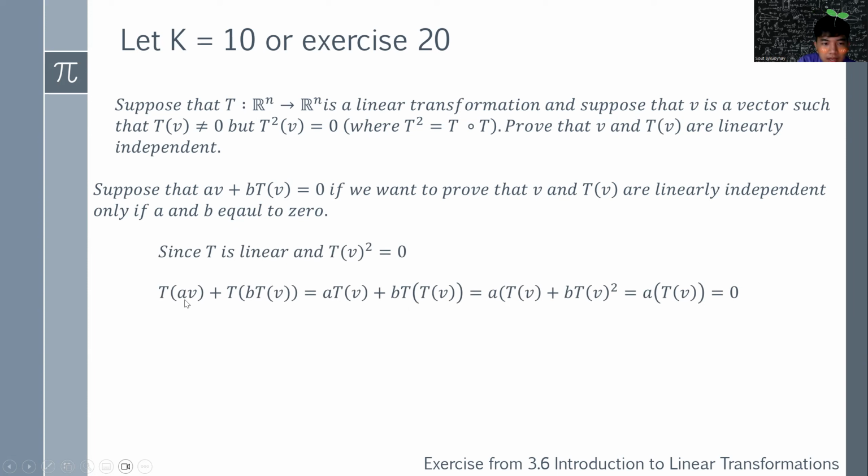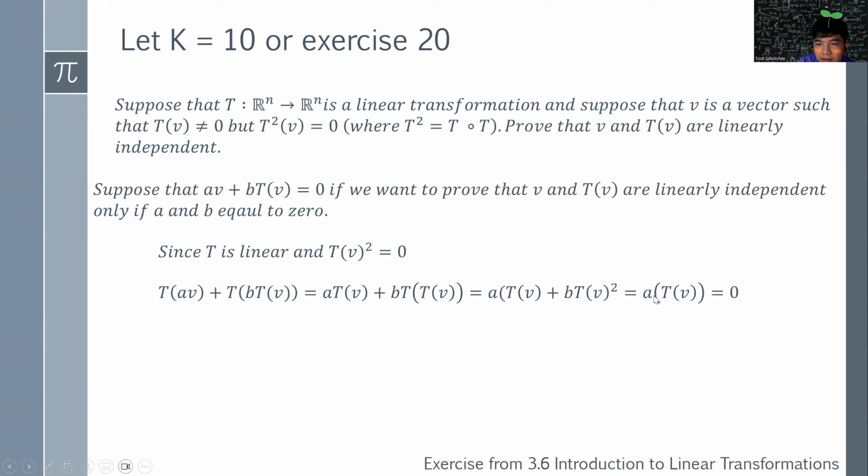So T(av) plus T(bT(v)), and since a is a coefficient, we can bring it out: aT(v) plus bT(T(v)). Then we get aT(v) plus bT^2(v), and we know that T^2(v) is 0.